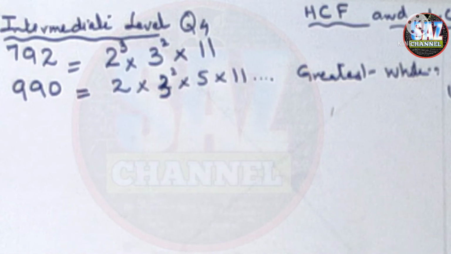Hence find the greatest whole number that will divide both 792 and 990 exactly.